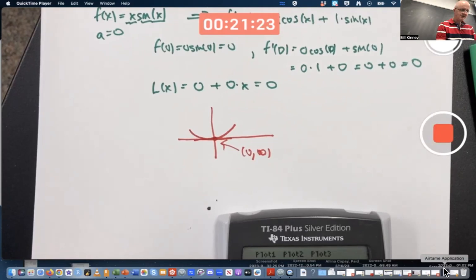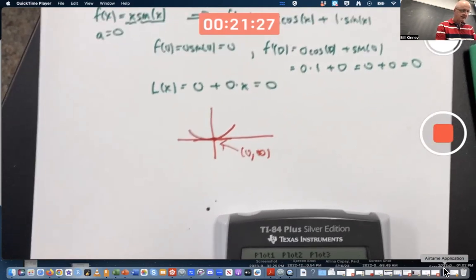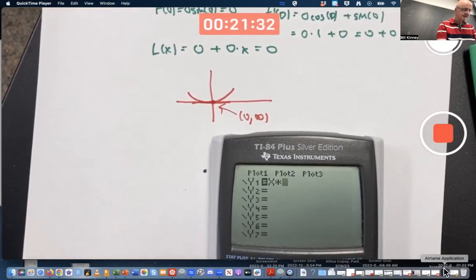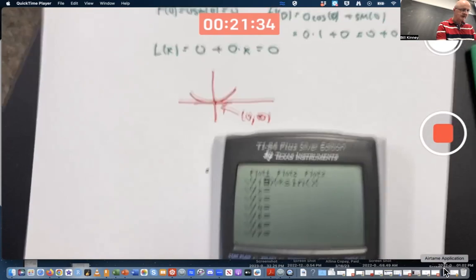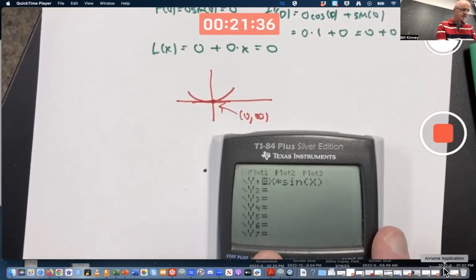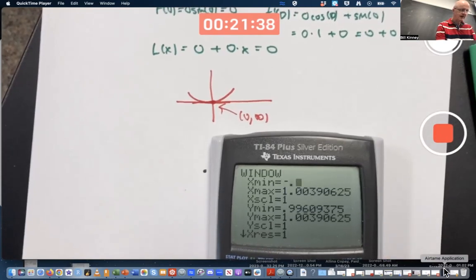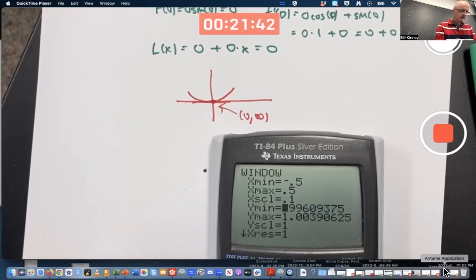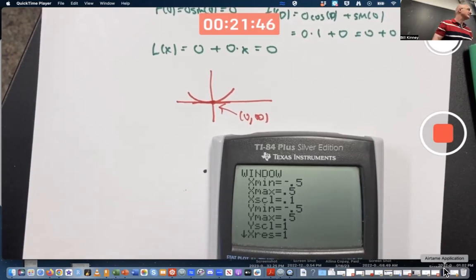If I plot x sine x near 0, say negative 0.5 to positive 0.5, it's going to look sort of like your standard parabola.